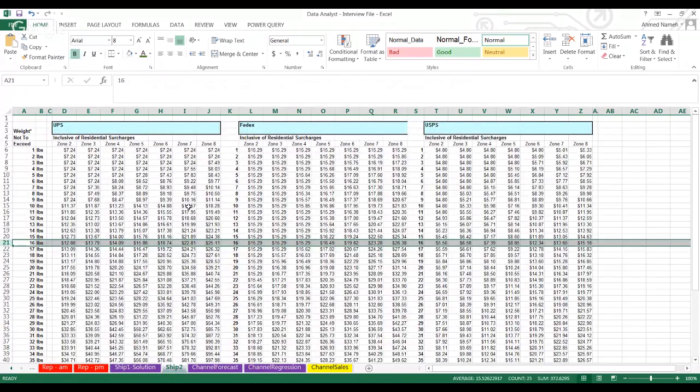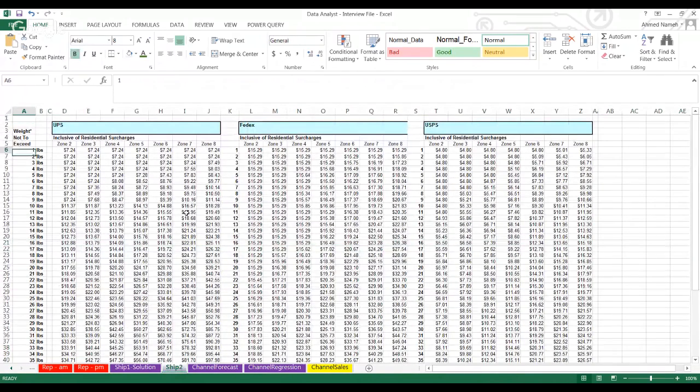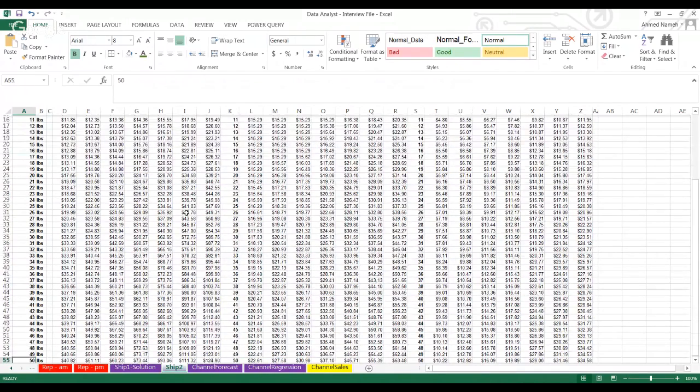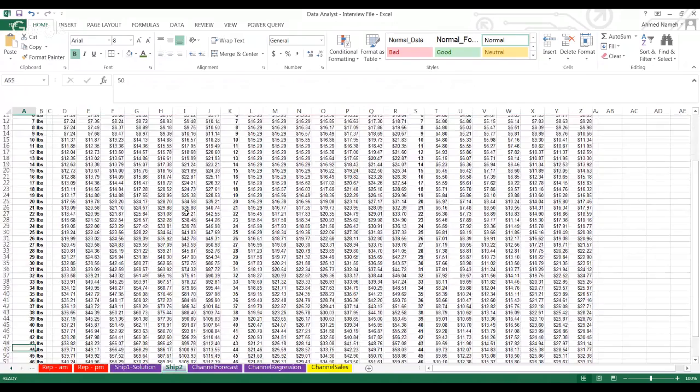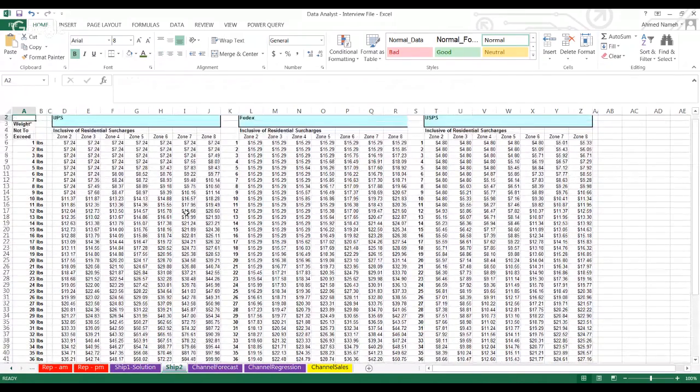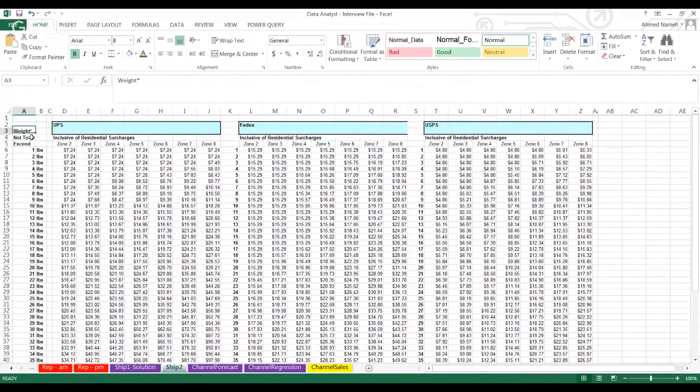So this is the sheet, essentially the master sheet, that provides the shipping rate per carrier depending on both the zone and the weight of the shipment. So the weights range from 1, or I guess from 0, all the way up to 50 pounds. This right here is important. Weight not to exceed these amounts.